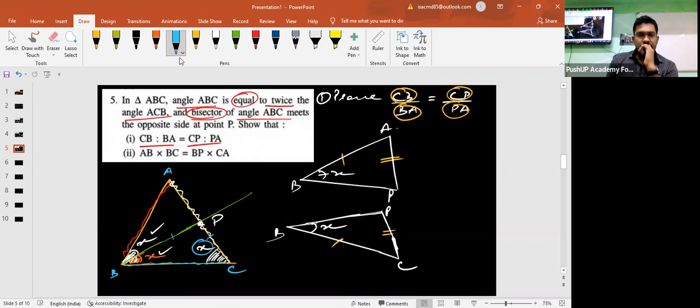We are not thinking about this angle, right? We know angle PCB is what? X. This angle is equal to X.